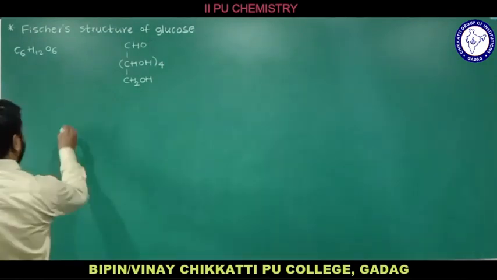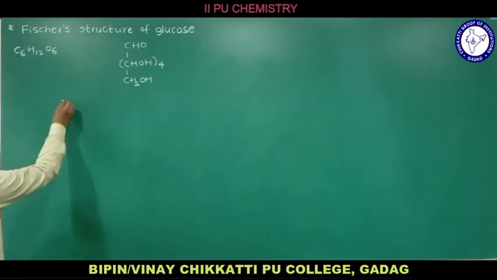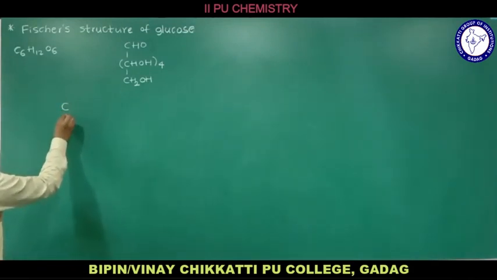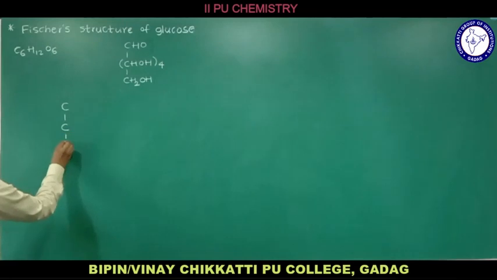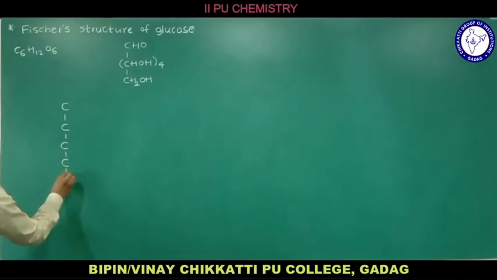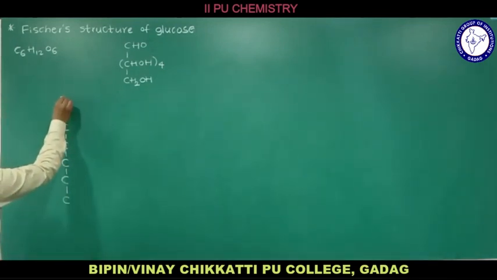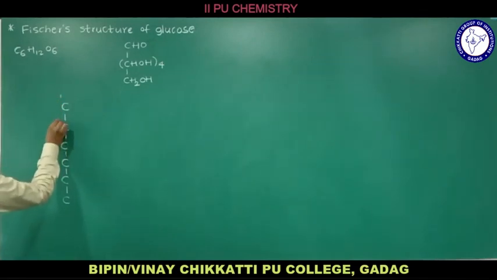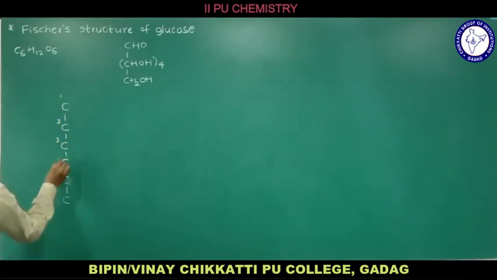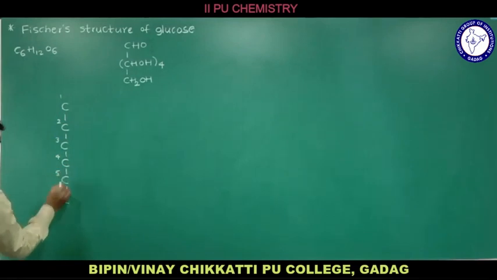So now I am going to draw the 6 carbon atoms in a straight chain. See here: 1, 2, 3, 4, 5, 6. So 6 carbons I have drawn, and you need to give the numbers. So this is carbon number 1, this is 2, the 3rd carbon, 4th carbon, 5th carbon, and 6th carbon.